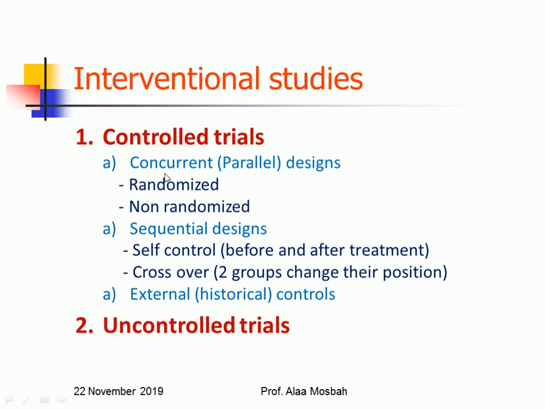Maybe concurrent designs. Concurrent means parallel. At the same moment, I have two groups. One group will take drug A, for example, and the other group will take drug B or placebo.